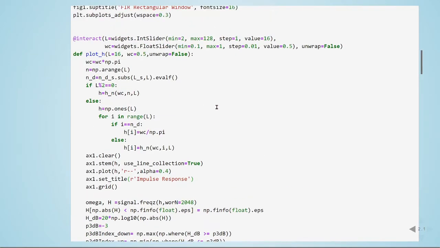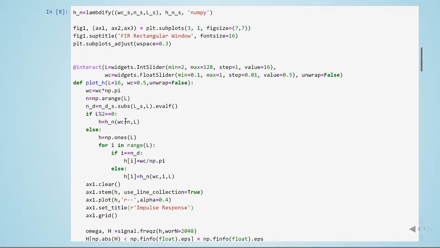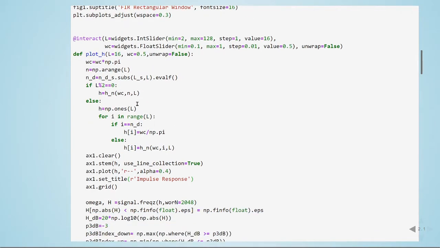So here we are using again freqz to calculate the frequency response. Here we have the impulse response, so we're just doing something for even and for odd values of L. Depending on whether L is even, we will use the impulse response like this, and if it's odd, we will have this impulse response given by this here.